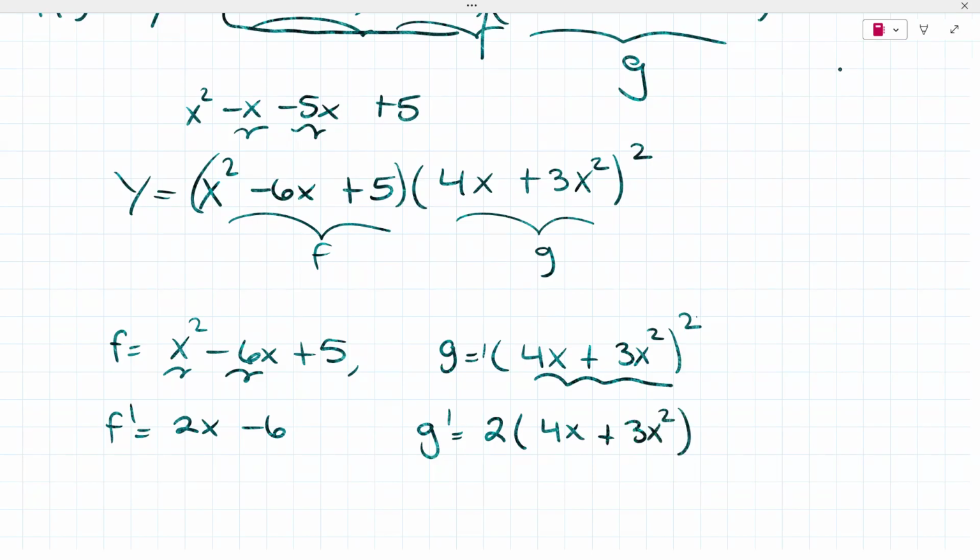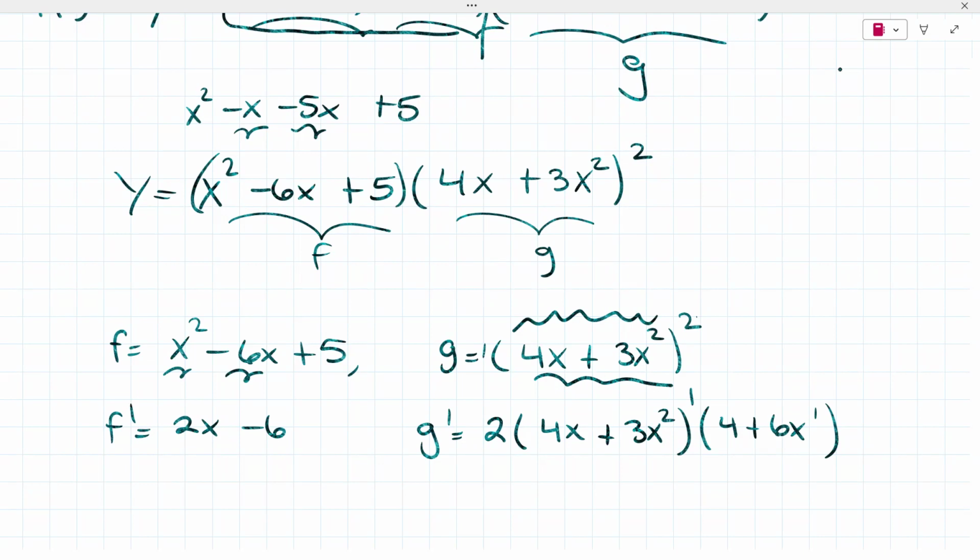And then old power minus 1, so 2 minus 1 is 1. Then you apply the chain rule. So you take the derivative of the inner parentheses: the derivative of 4x is 4. The derivative of 3x squared is 6x to the 1. And you can either leave it like this or you can clean it up.